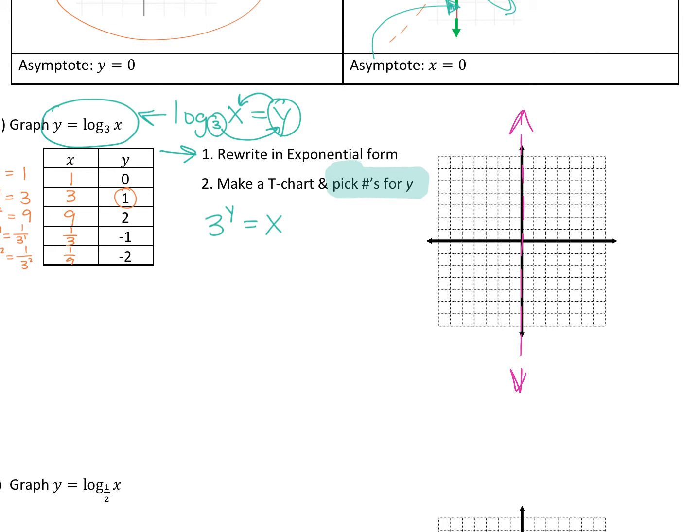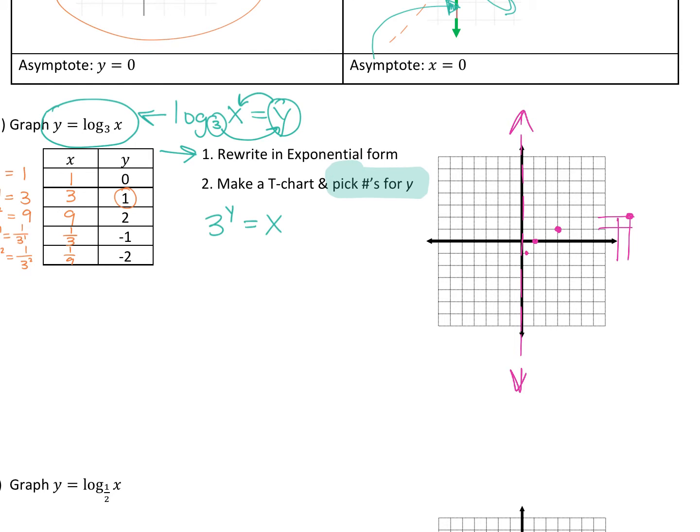So vertical asymptote. Now plot these points. 1, 0. 3, 1. 9, 2: 1, 2, 3, 4, 5, 6, 7, 8, 9, 2 is right about there. And then 1/3, -1 is right about there.